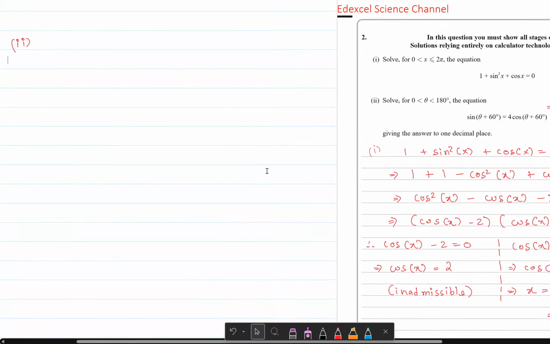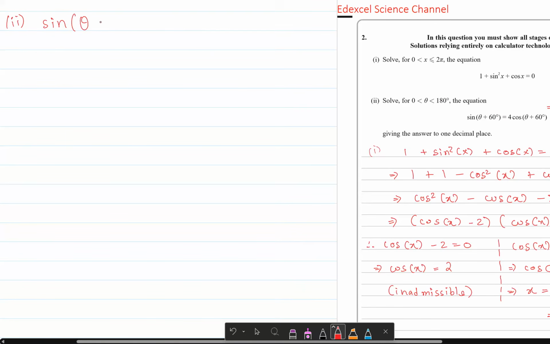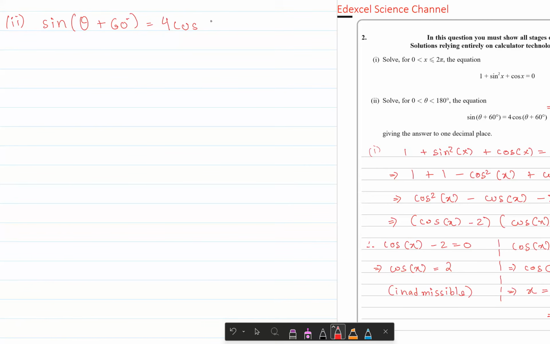Question 2 is saying solve between 0 and 180 degrees this equation: sin(θ plus 60 degrees) equals 4 cos(θ plus 60 degrees).